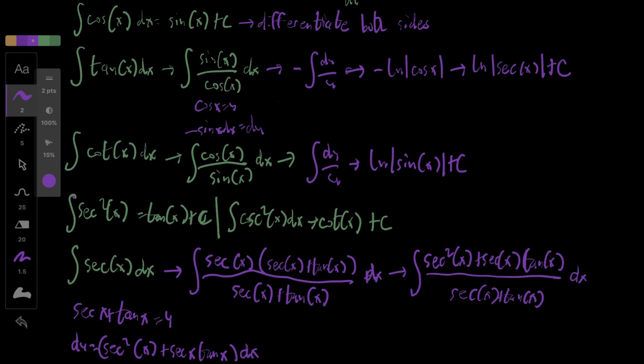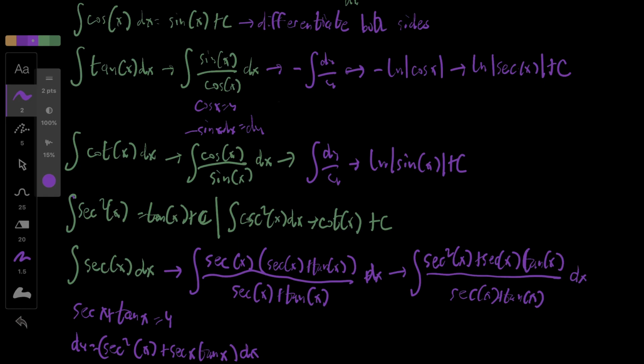So now you also know from this that integrating secant of x tangent of x is going to give you secant of x. So that's another trig integral you can add to your basket.